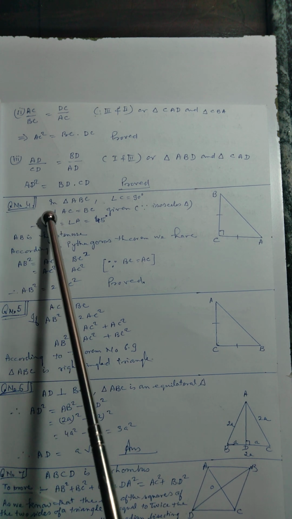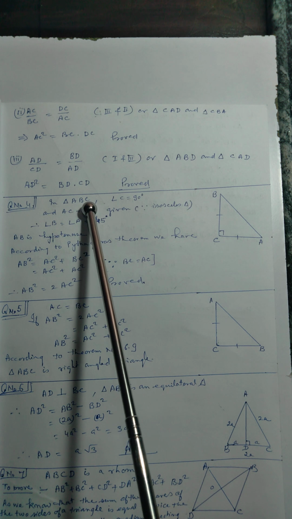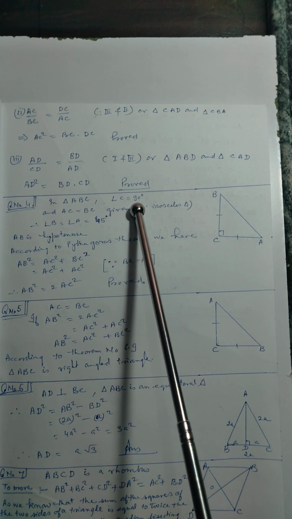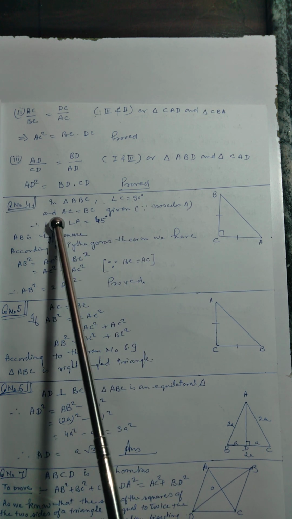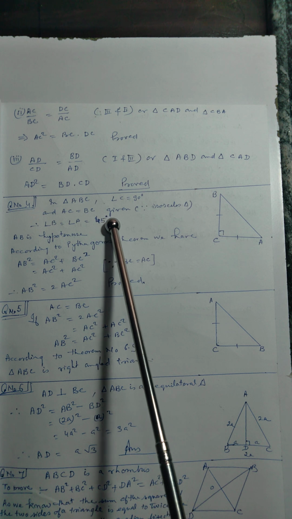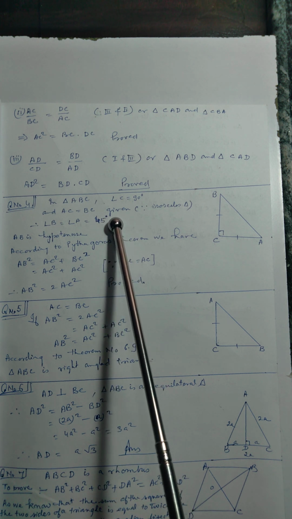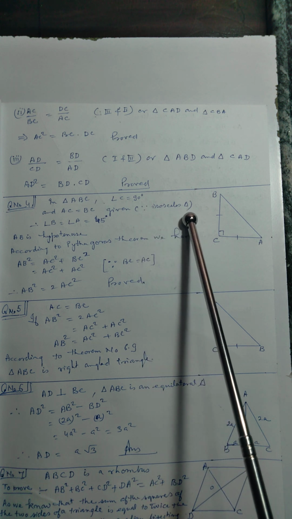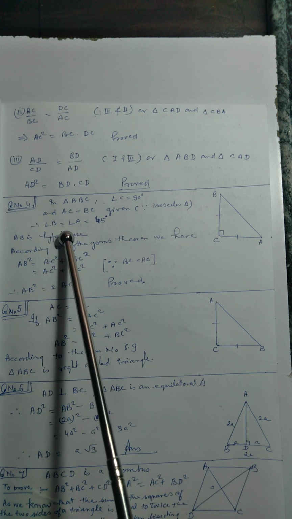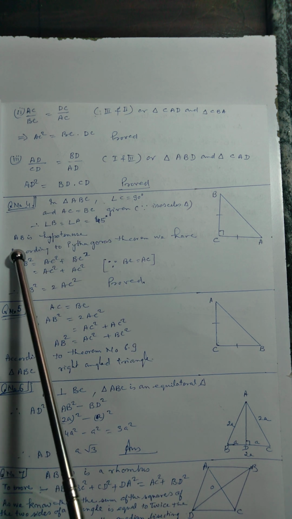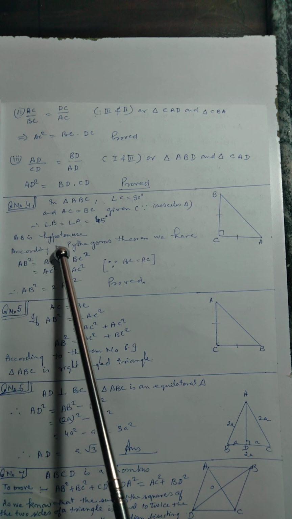So you see, in triangle ABC, angle C is 90 degree, as well as AC is equal to BC because it is an isosceles right angle triangle, given. So angle B is equal to angle A, and that will be equal to 45 degree. So AB is the hypotenuse.